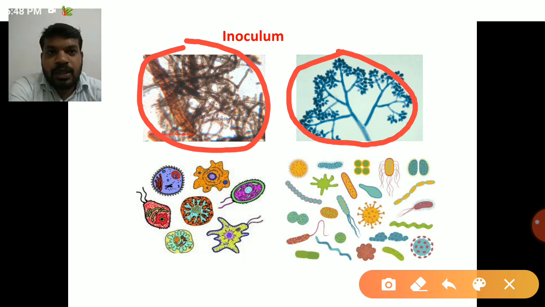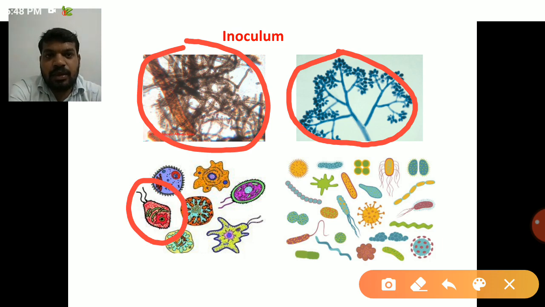In contrast, for bacteria, protozoa, spiroplasma, phytoplasma and fastidious vascular bacteria, the inoculum is always a whole individual of the particular pathogen. For example, in protozoa the whole individual acts as inoculum for a particular disease.